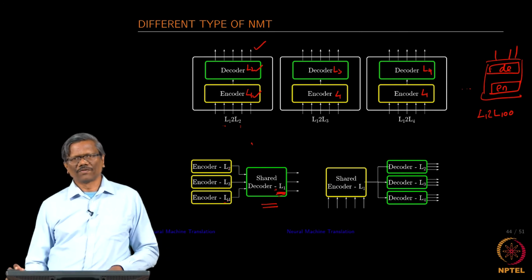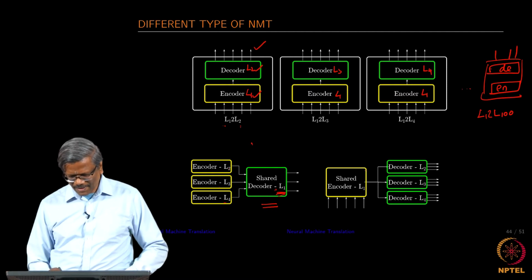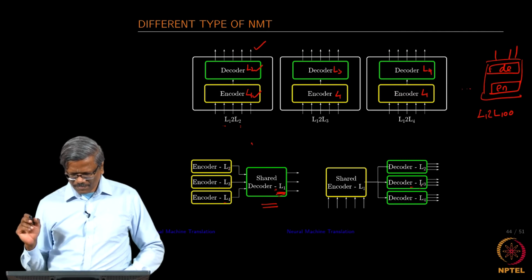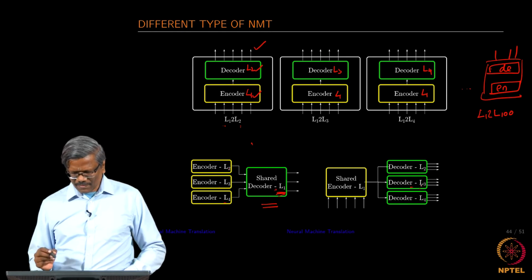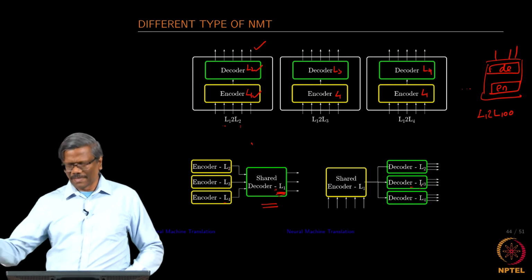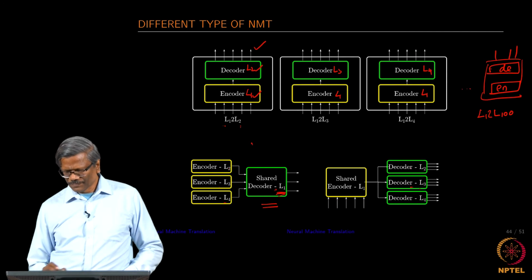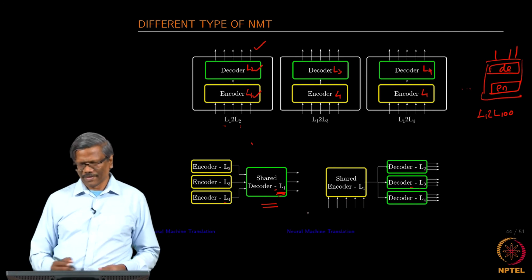The encoding part only is different. And then you can also have a shared encoder. If you want to translate from one language to multiple languages, you can have several decoders, okay, but you can have only one encoder, right?